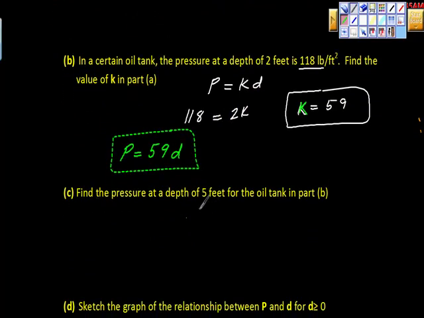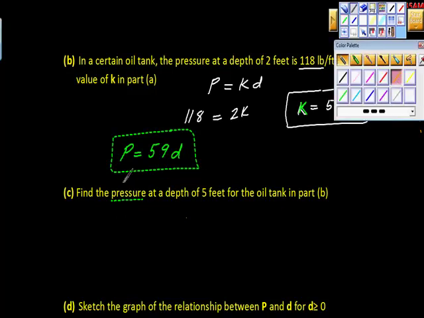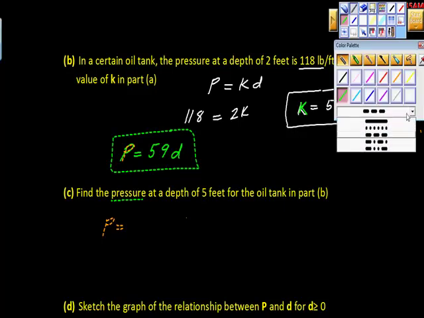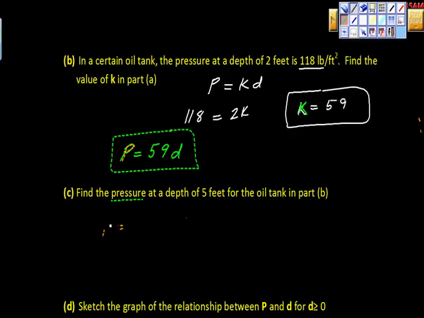So this says find the pressure at a depth of 5 feet. So we want to find P, the pressure. I'm just going to use the equation: P is equal to 59, and we have a depth of 5 feet.